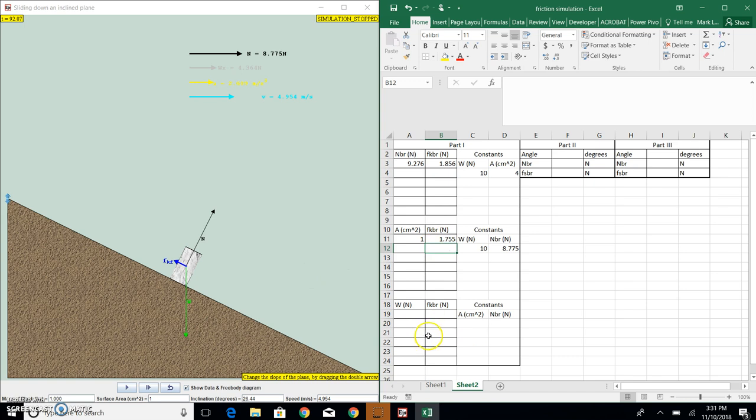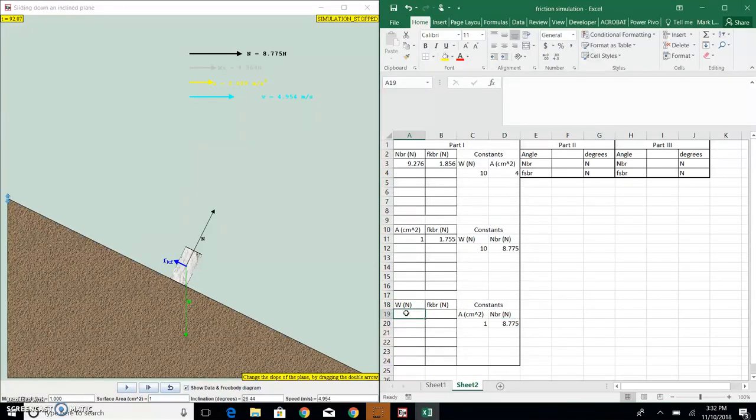For the third part of this, this is the hardest part, figuring out the relationship between the kinetic friction and the weight. I need to make sure that my surface area is constant, so that's not hard, whatever you want it to be, so let's say 1. But my normal force cannot change, so notice my normal force right now is 8.775, and that can't change.